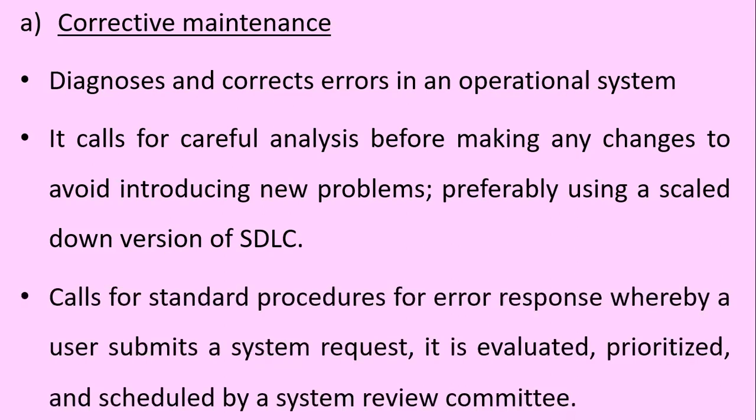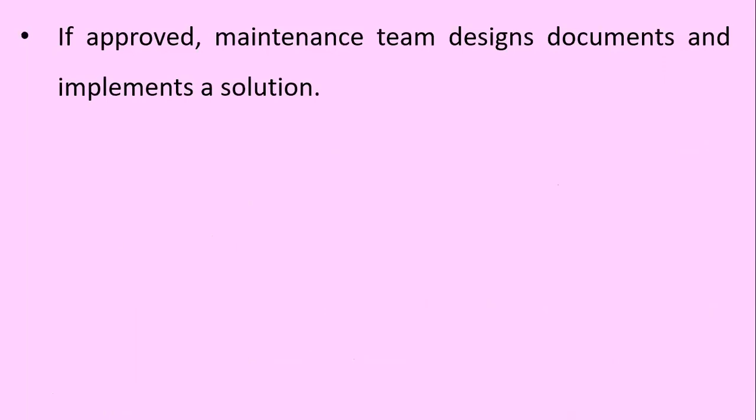It also calls for standard procedures for error response, whereby a user submits a system request. That request is evaluated, prioritized, and scheduled by a system review committee. If approved, the maintenance team designs, documents, and implements a solution.